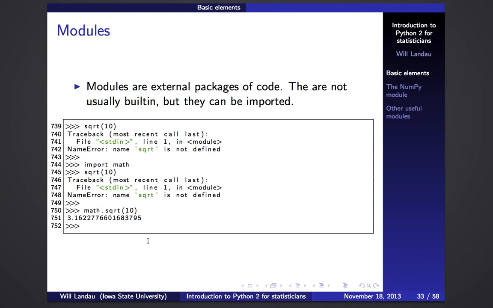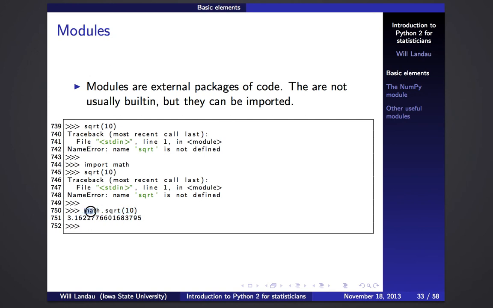You only want the support from Python that you actually need at the time, which is why if you want to use the math library or math module, for example, it doesn't automatically load. The math functions like square root, sine, and cosine don't automatically load in each session. If you want to use them, you have to import the math module. And now if you type in math.sqrt, you're going to be able to compute these things.